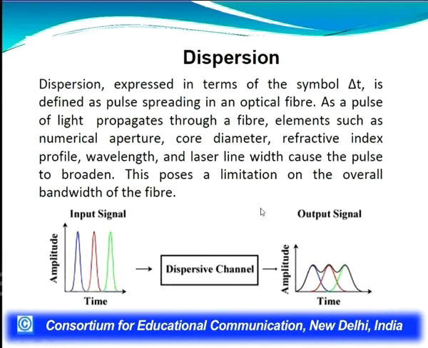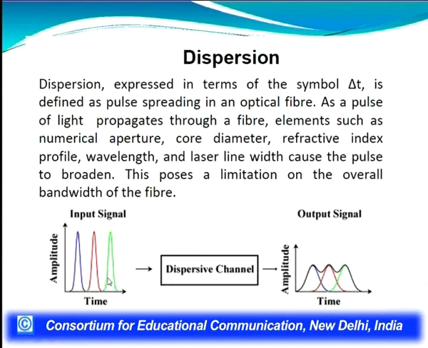Now, what is a dispersion? Dispersion is expressed as the pulse spreading in an optical fiber. We see that this is a sharp pulse, and here we are having a spreading of the pulse.